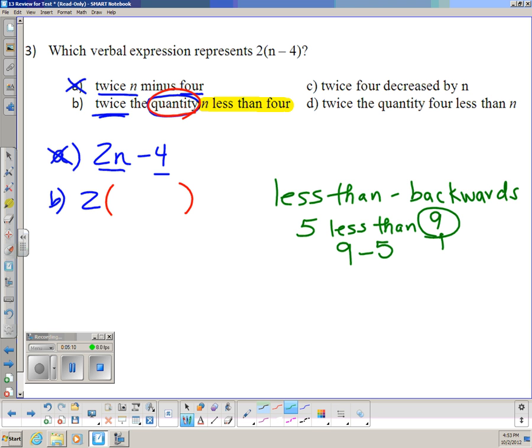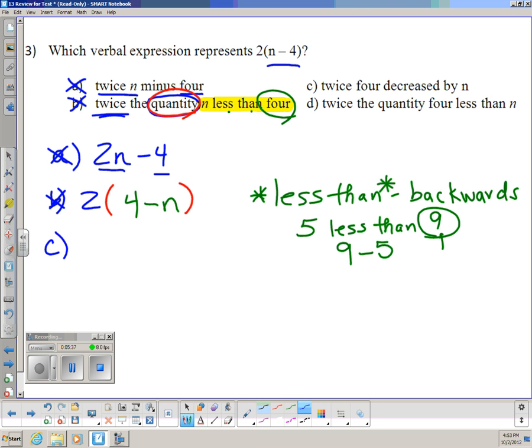So when I translate n less than 4, the 4 comes first, and then I will subtract the n. Really, really, really important. Everybody always messes this up. That is not the answer. Because the one they wanted me to translate says n minus 4. So B is not the answer.